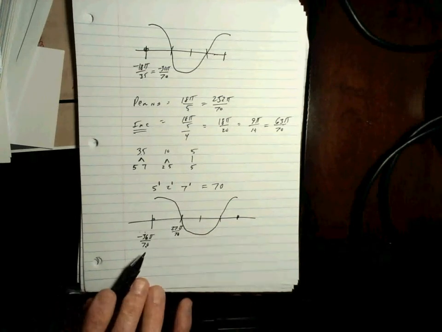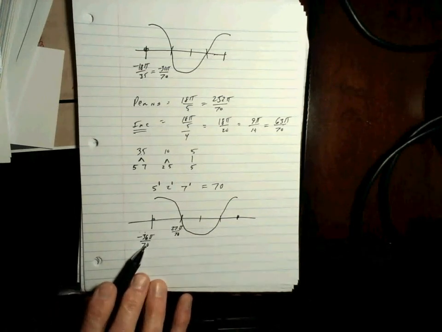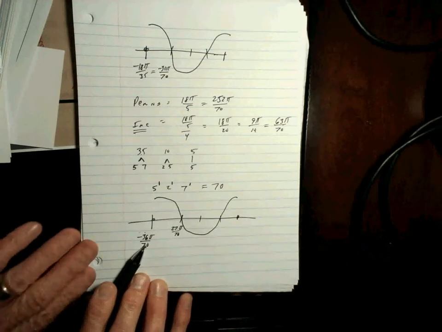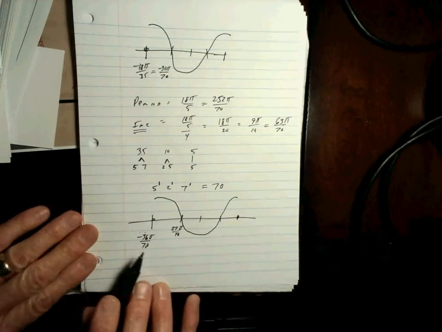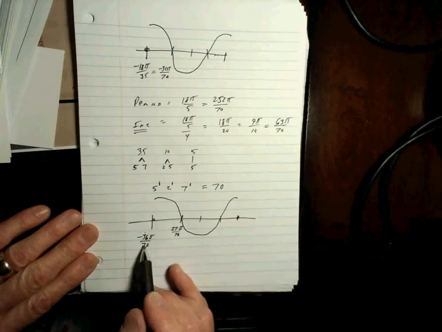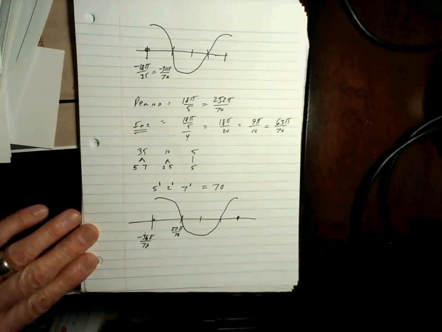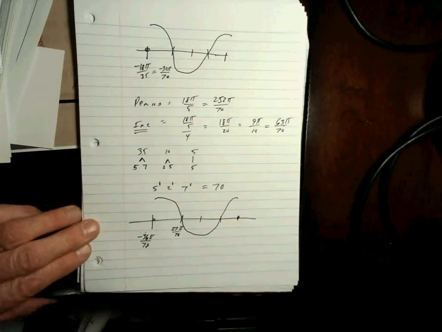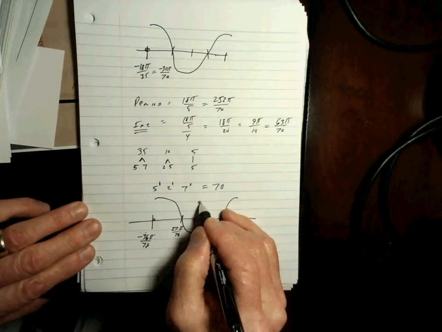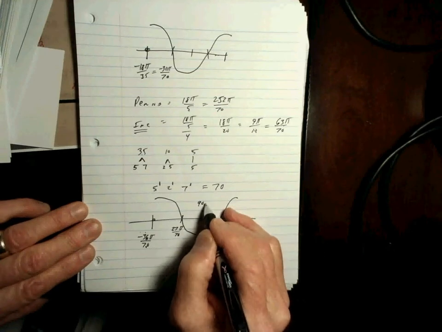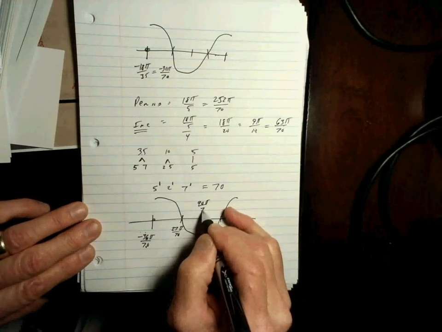So I added the increment of 63 pi over 70 to a negative 36, and that gives me 27. I'm going to add another 63 to that, and that would give me a value of 90 pi over 70.